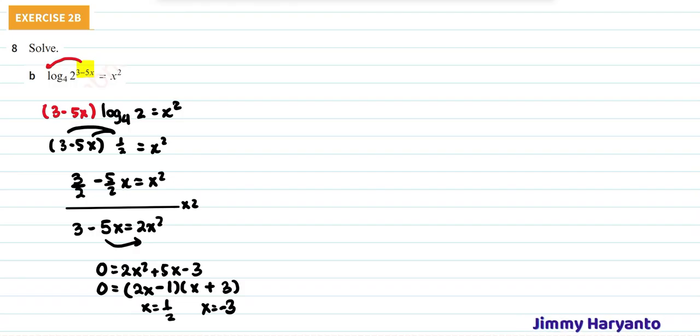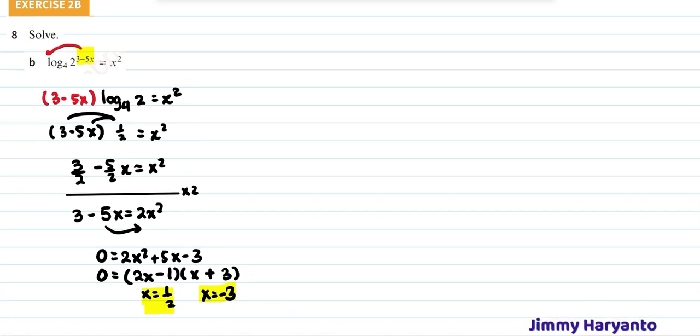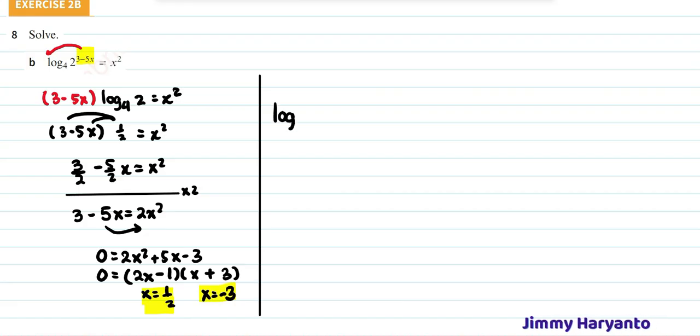There you go. You don't have to check your answers for this one because it's... oh, my bad. You should check because we have logarithm of 4, yeah. Logarithm of 4, 2 to the power of 3 minus 5 times the x. Let's check for the half first.